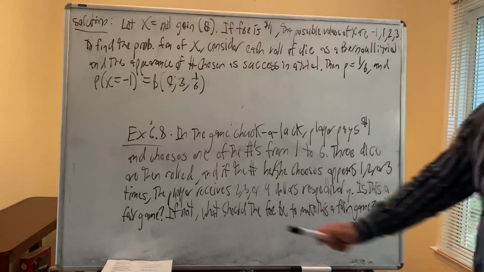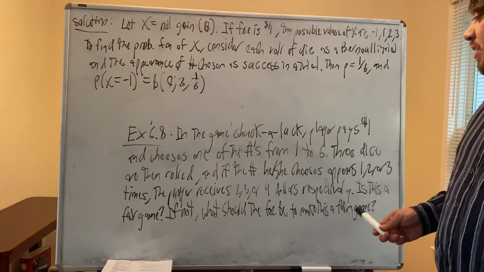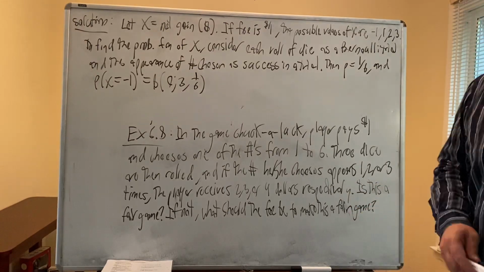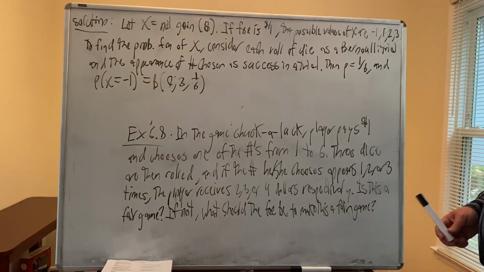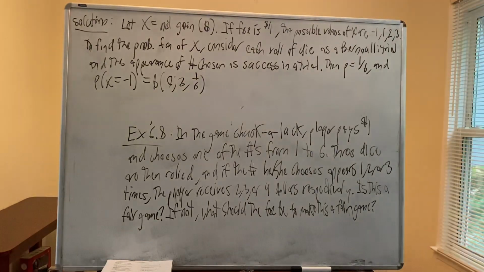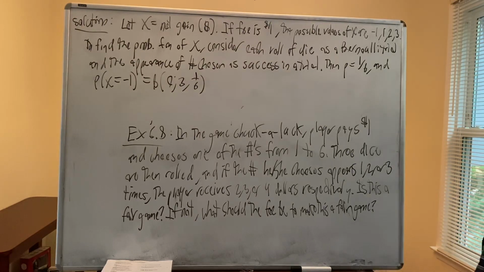So the probability that the net gain of the player is -1 is the probability that the number he chose appears 0 times. Right? He only makes money if the number he chose appears 1, 2, or 3 times. If it appears 0 times, he doesn't make any money, and he pays 1 to play the game. And so net of -1 is if the number he chose appears 0 times.